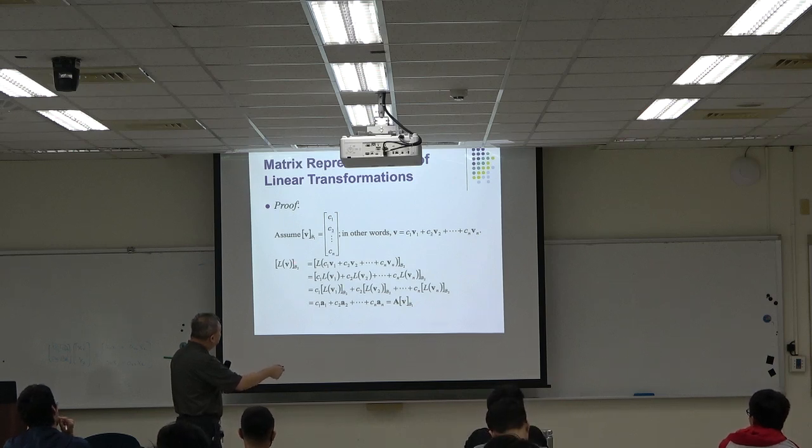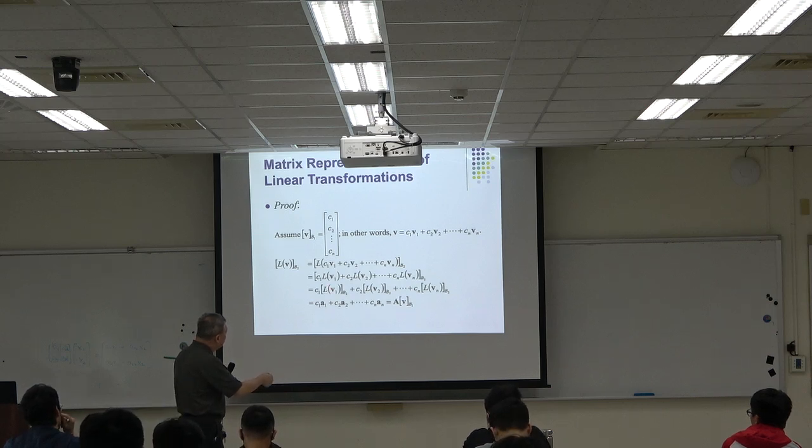Because it's a linear transformation, you can expand like this and get c1, c2, and so on out. So it's L(v1), L(v2), and so on.